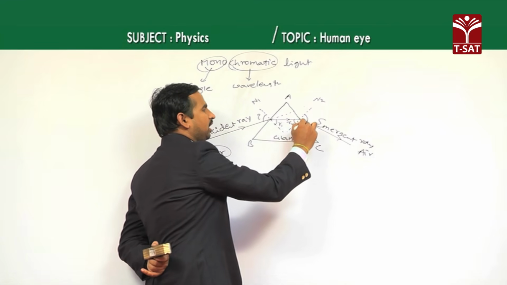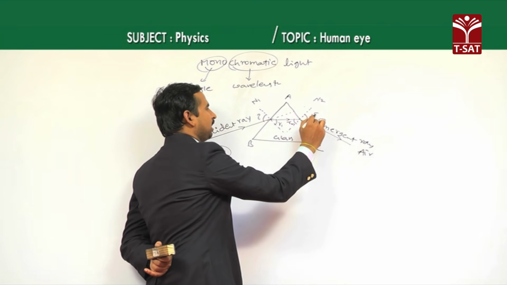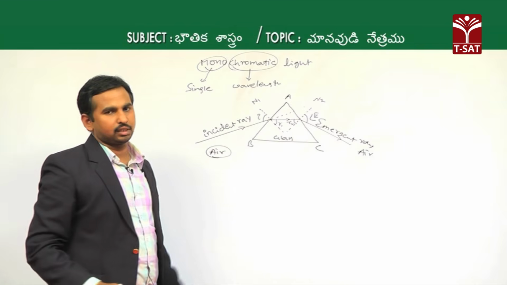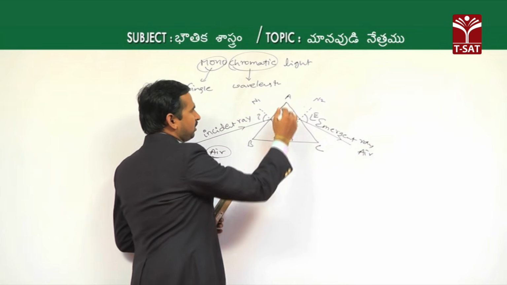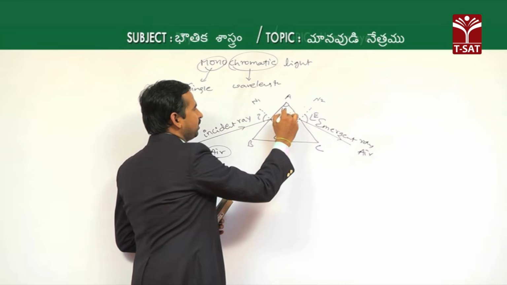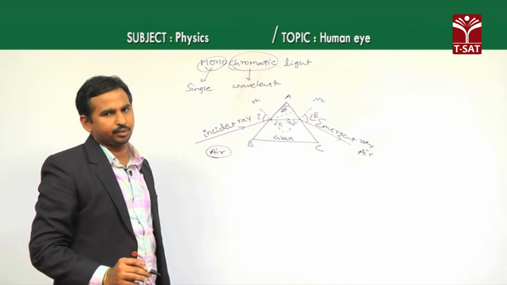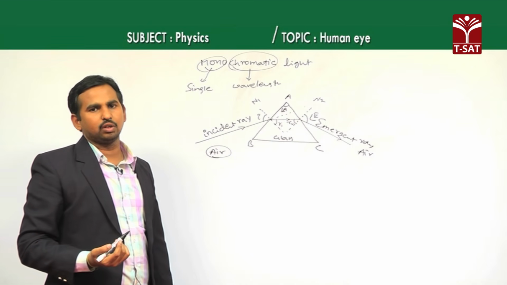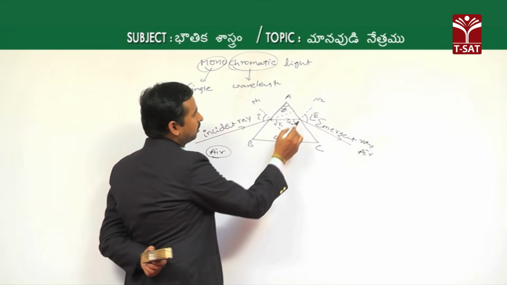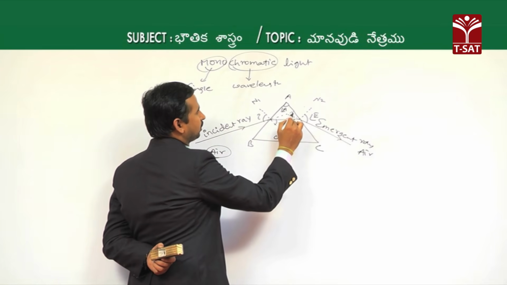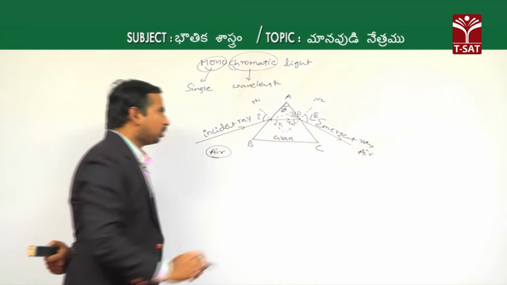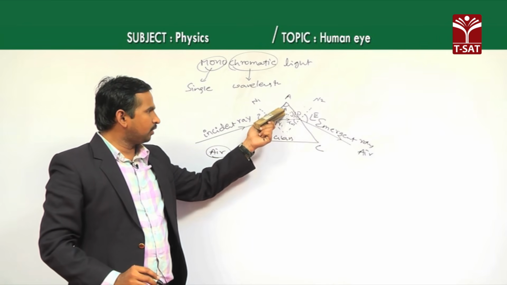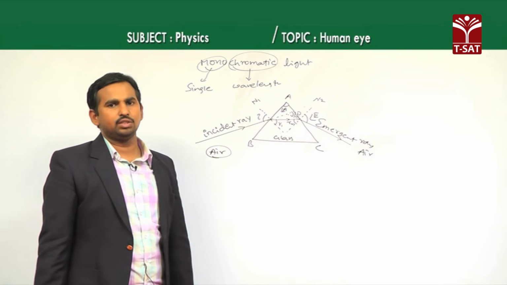Finally, the emergent ray makes an angle with the normal, the angle of emergence E. The angle between the two refracting surfaces, AB and AC, is called the angle of the prism, A. How much the light ray deviates from its original path is called the angle of deviation, D. So in total we have four angles: angle of incidence, angle of emergence, angle of the prism, and angle of deviation.